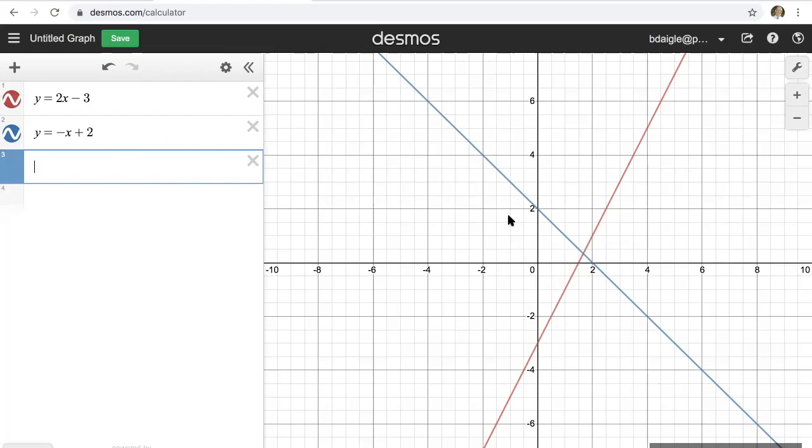Now, if this were a system of equations consisting of two conditions, a blue condition and a red condition, the condition such that y must be equal to 2x subtract 3, and a condition such that y must be equal to -x plus 2, when both conditions are satisfied at the same time, you have an intersection, which is this point right here.